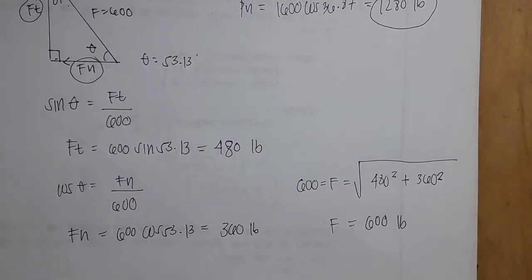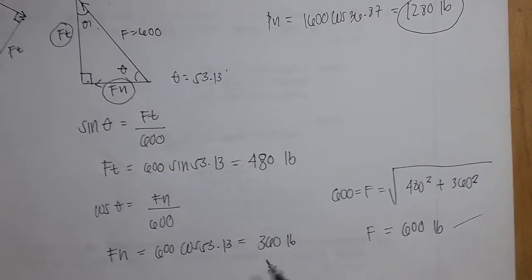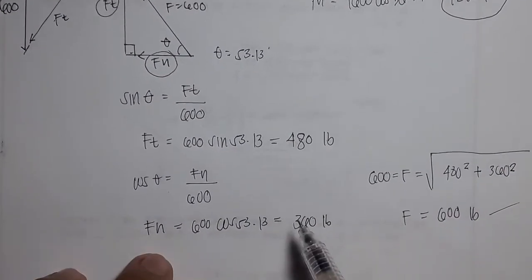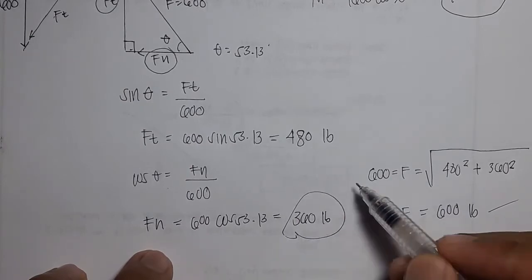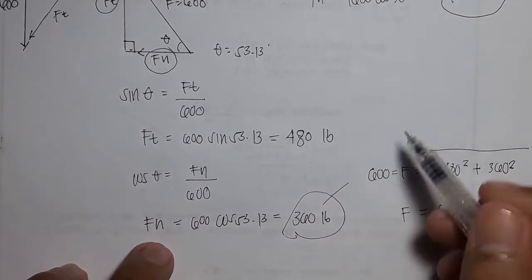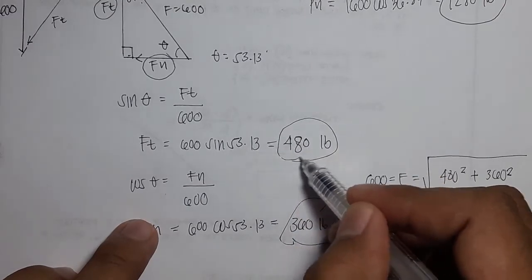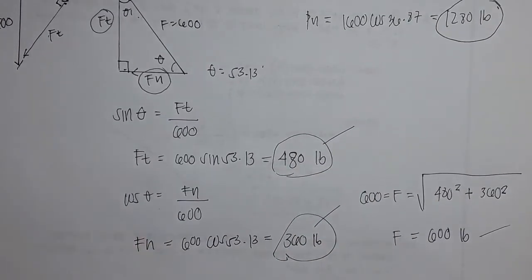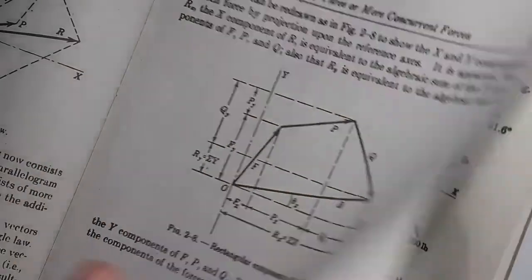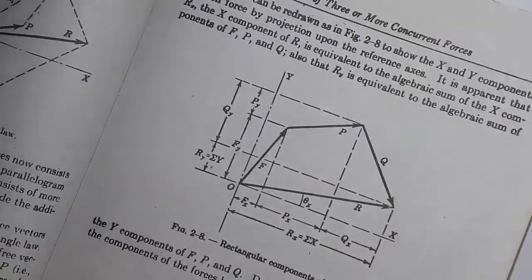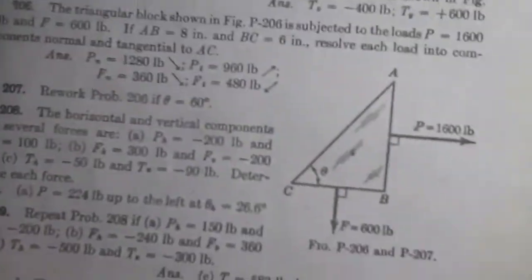So our values are correct: the normal force of F and the tangential force of F. So let's see if it is the same in the book. So it is here.